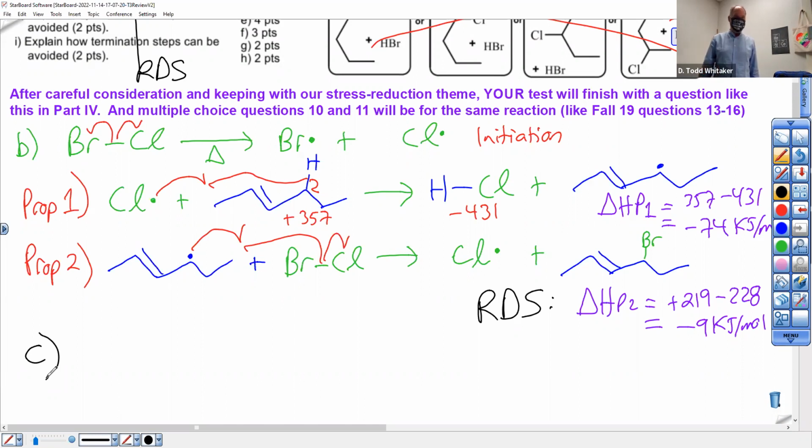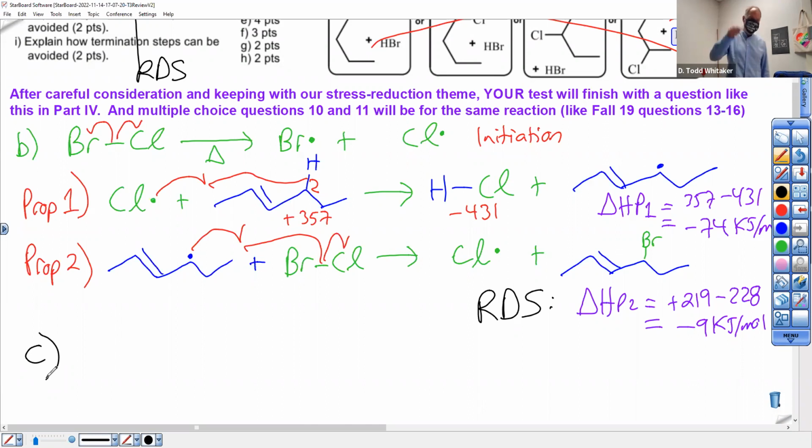Only delta G can be used to predict which one is more spontaneous. Delta G has delta H in it. What else does delta G have in it? Delta S, which is entropy. You need to make a small statement here that acknowledges that you know that entropy does not change in these propagation steps.